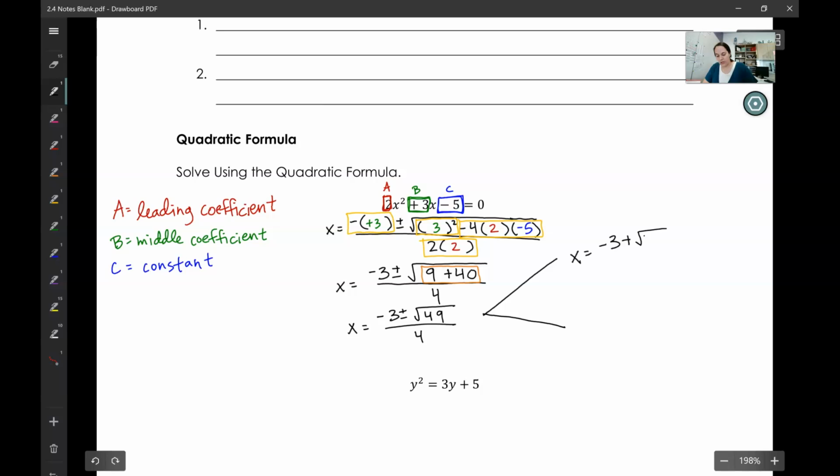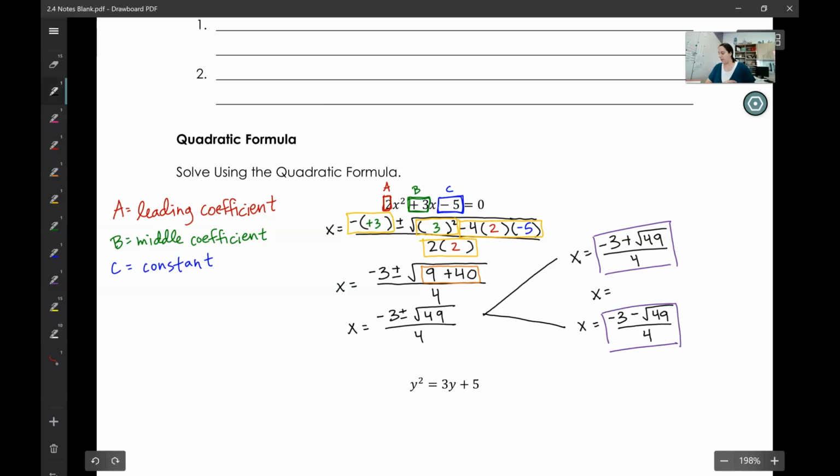So your first answer is going to be negative 3 plus square root of 49 over 4. And your second answer is negative 3 minus square root of 49 all over 4. And at this point, now it's simple enough. You can just plug that into your calculator.